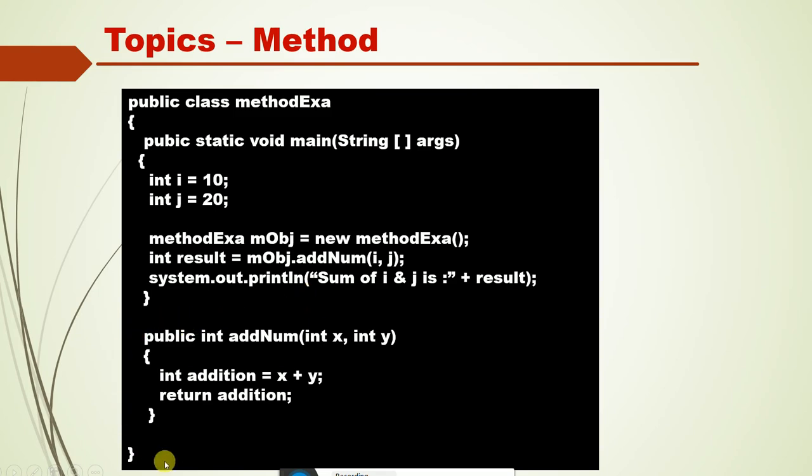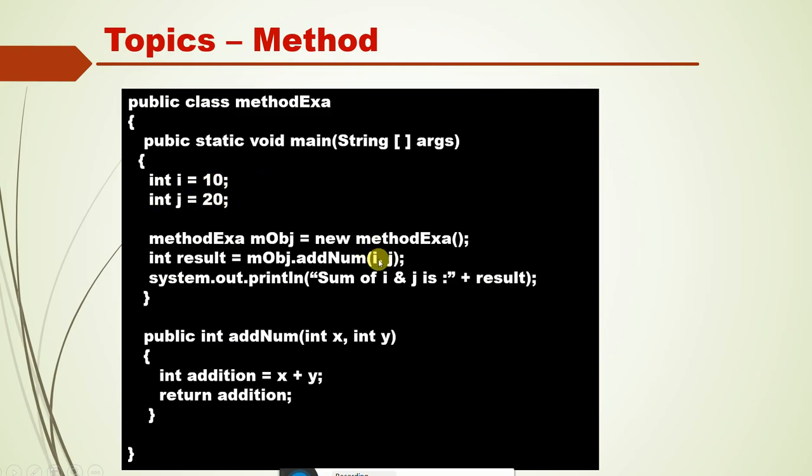This method returns the addition of x and y, and these values we pass from the main method, where we call it with mObject.addNum, passing i and j, which we initialized as integer i equal to 10 and integer j equal to 20.